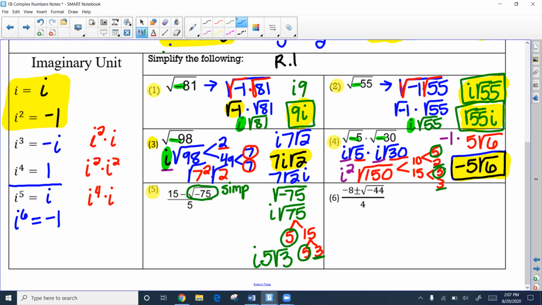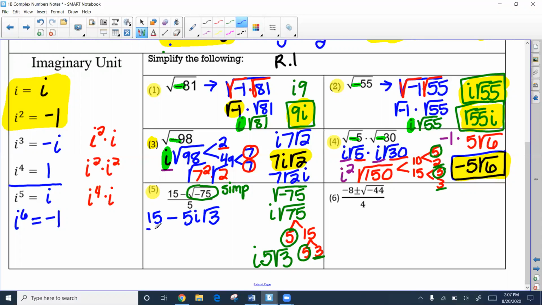So now that I simplified the radical part, I'm going back to the whole problem right here. So I'm going to rewrite this. I'm going to have 15 minus, instead of square root of negative 75, I'm going to write it as 5i square root of 3. Again, the order you write that in doesn't really matter.